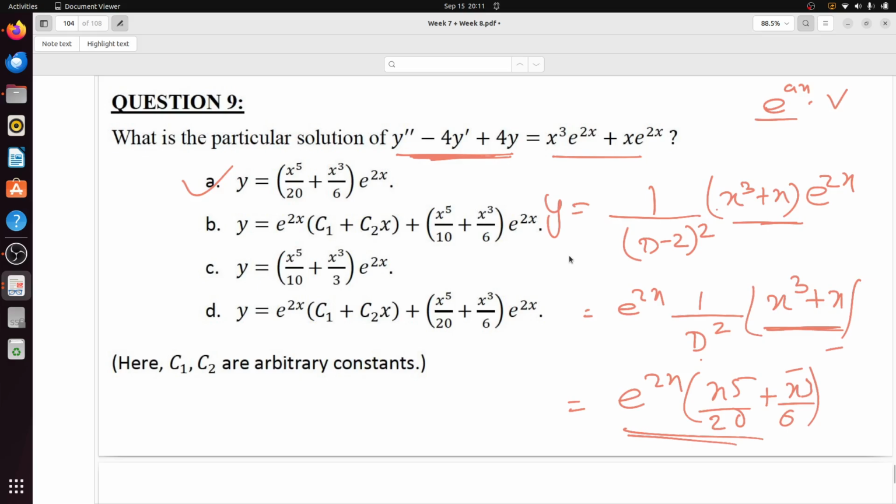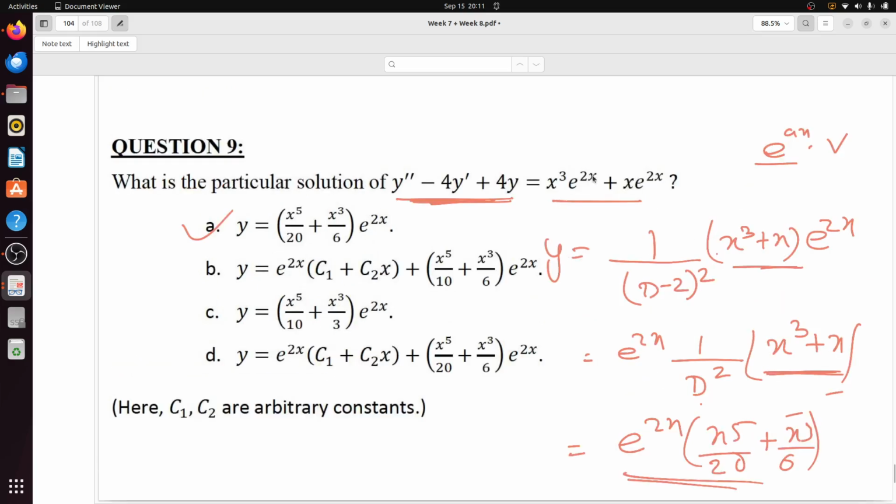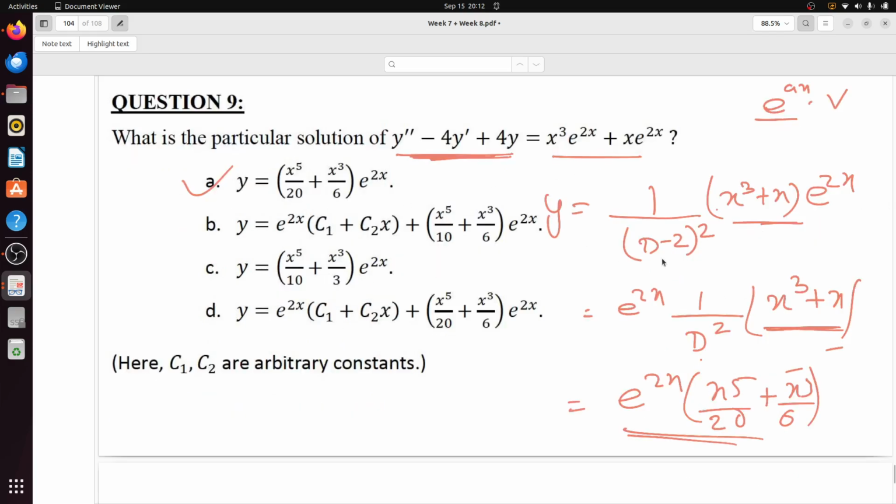This problem is also very easy. You just need to find the particular integral, and the particular solution will not contain any arbitrary constants. So this is actually e to the power ax into v type, where e to the power ax is e to the power 2x, and your v is x cube plus x. This operator is D minus 2 whole square, right?